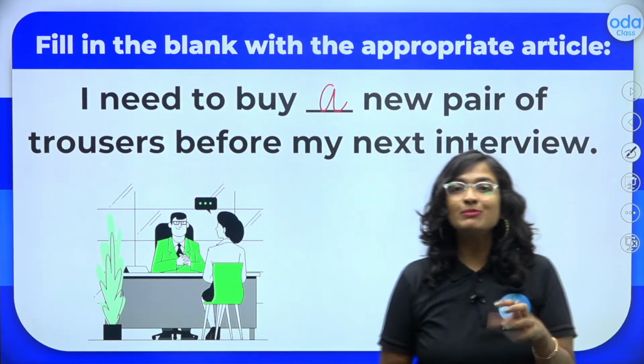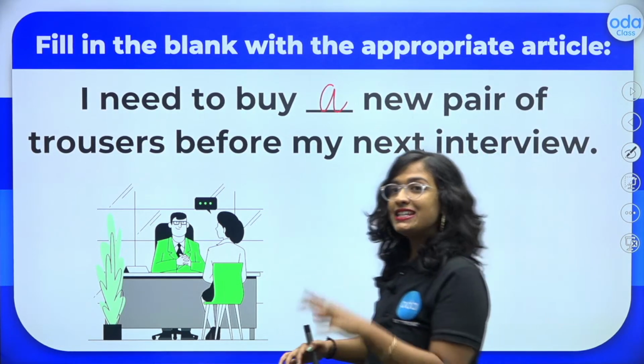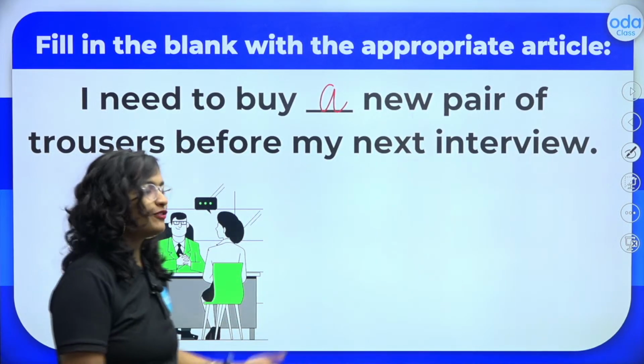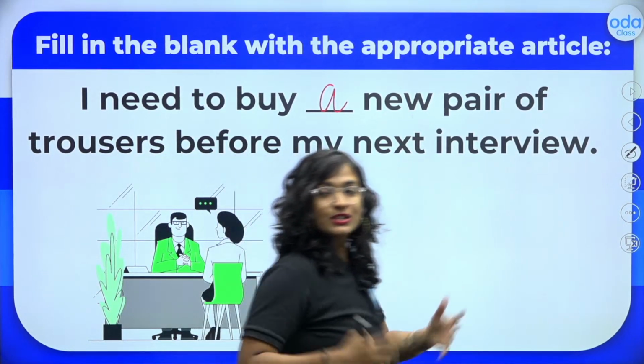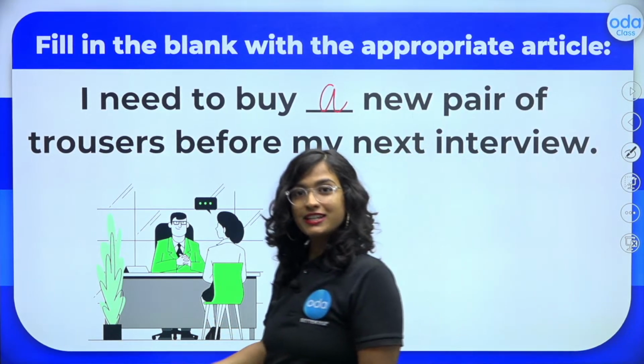I am not talking about a specific pair of trousers. All I'm saying is that I need one. That means I need a new pair of trousers before my next interview. So kids, I hope that you have understood how and when to use our three articles.